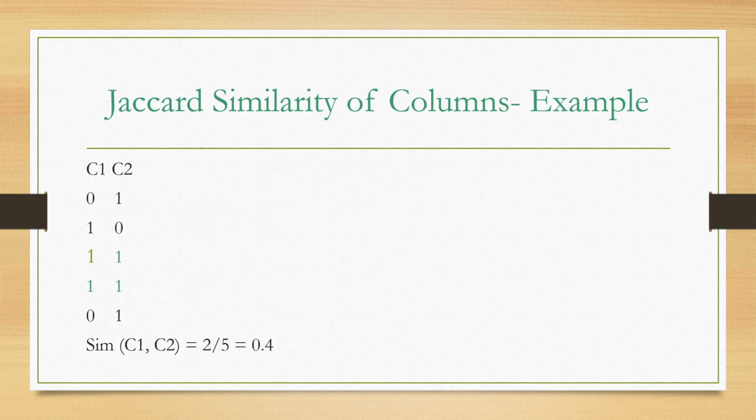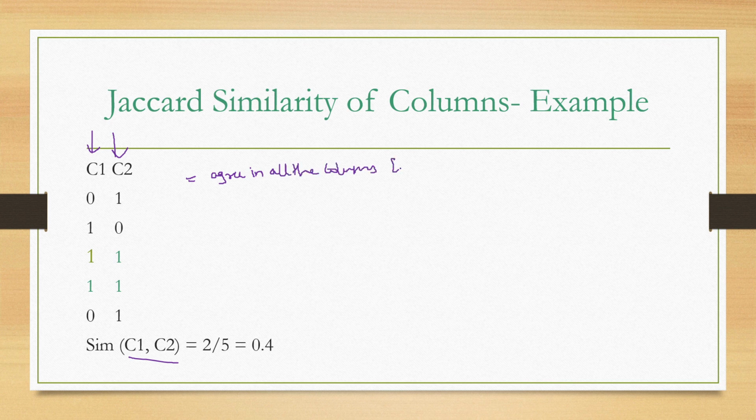Okay, now let us see how we can find Jaccard similarity for columns. So if the documents are represented as columns, and we are finding similarity between these columns, let us say column 1 is representing our first document and column 2 is representing the second document, and we are trying to find out the similarity between the two. So for columns, your numerator, which is the intersection, says that it should agree in all the columns.